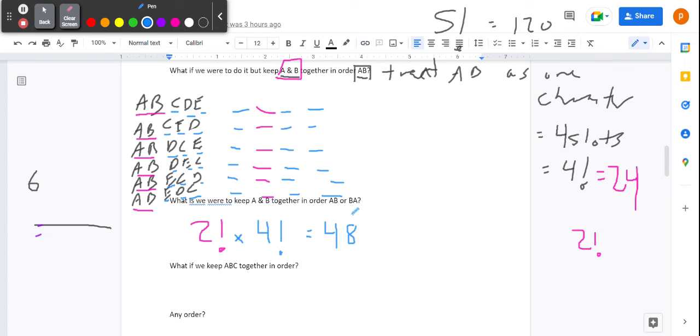Basically, you take all this sample space and do it again with BA instead of AB. So we would do 2 factorial if the question was asking to just keep A and B together. It'd be 2 factorial for A and B, times 4 factorial because there's 4 total slots.